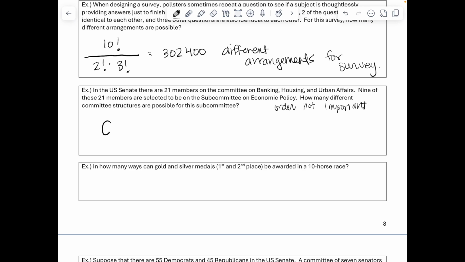And then I'm going to put my little sub numbers so that I can use my formula. So the sub numbers are going to be N and R. So N, the first one, is the sample size that you have. So how many people are we selecting from? And that's 21. And then the second number is how many are we choosing for that subcommittee? And it tells us that there are 9 people that we are selecting.